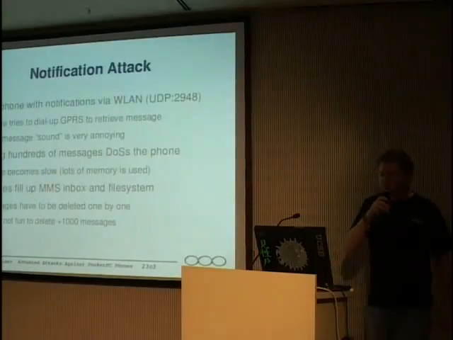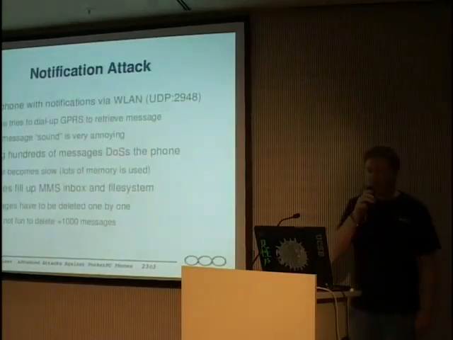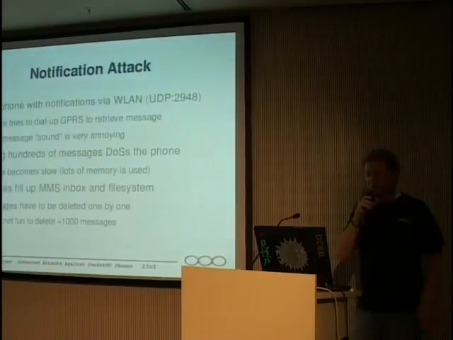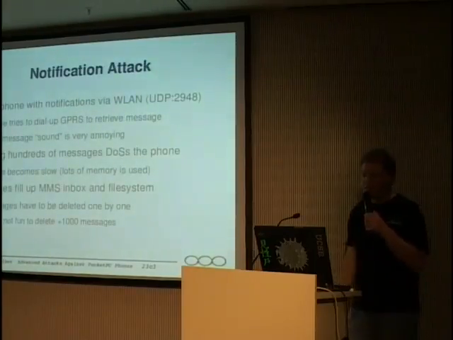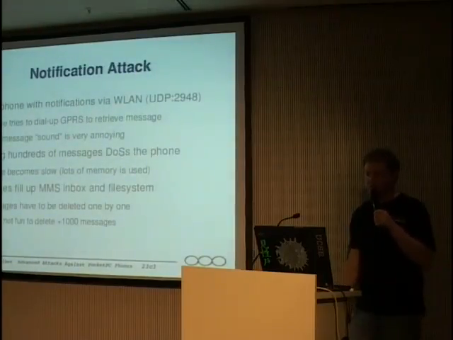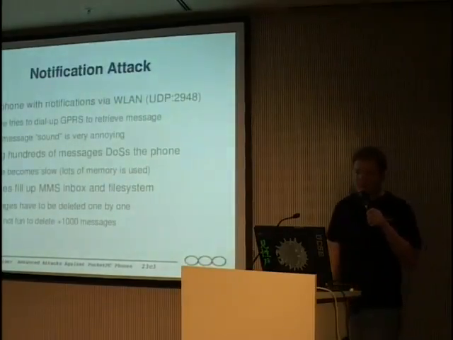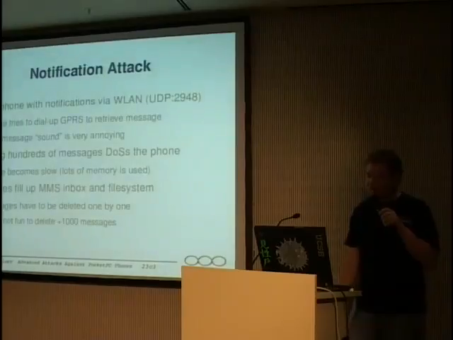So we can use that to attack phones already over wireless LAN. We just send this packet to the device, and the phone says, oh wow, there's a new MMS waiting for me. Let's dial up GPRS. And then it also makes this ping sound, which is very annoying, especially if you do it 1,000 times in a row.